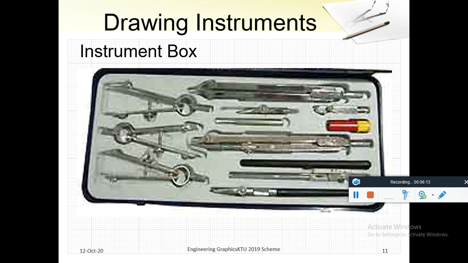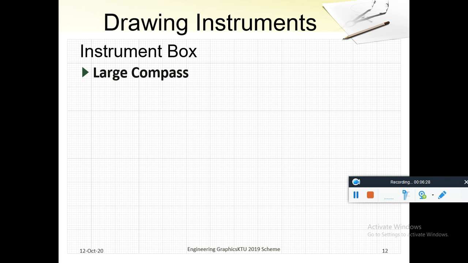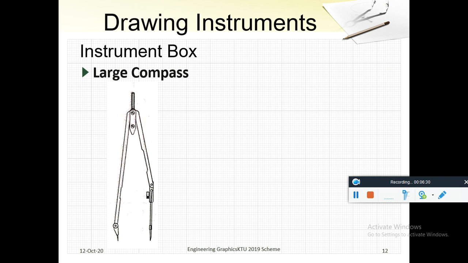Instrument box. It contains a set of 13 items. The most important: a large compass.